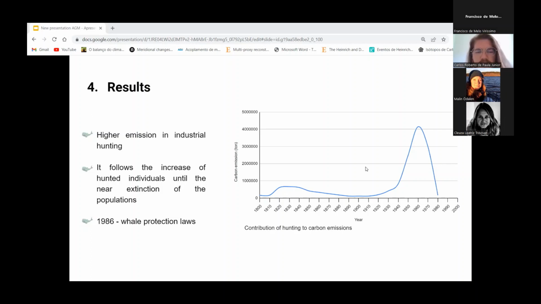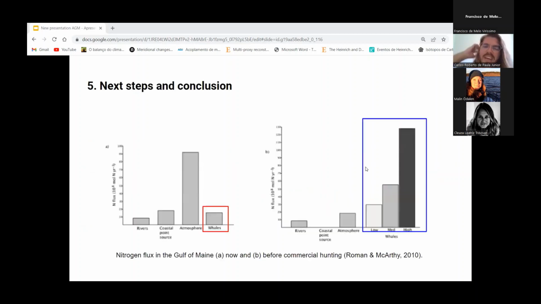It's a very simple model, so I will in the future present more information for this model. And finally, the importance of whale species is well documented.